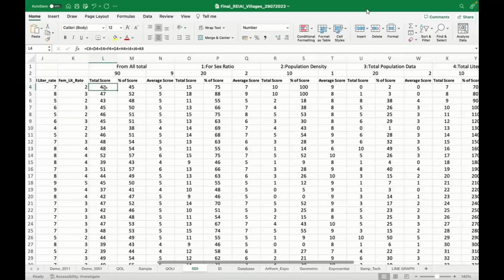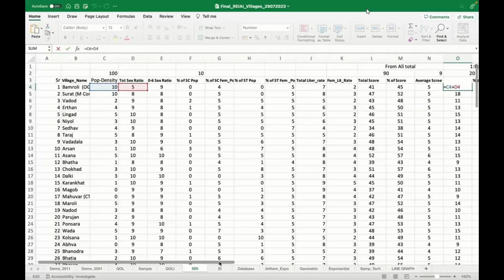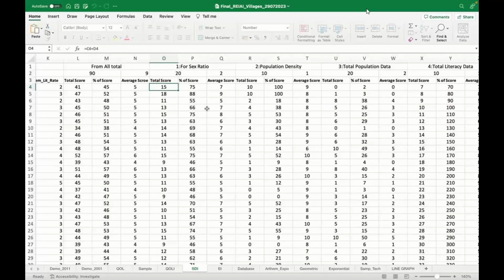This is the total score of all the variables. Now for sex ratio, we have taken 2 variables. Which are the 2 variables? The total sex ratio and total 0 to 6 population sex ratio, right? Here it comes. So total 0 to 6 population. Calculated the 20 because 2 variable means 20 score is there.